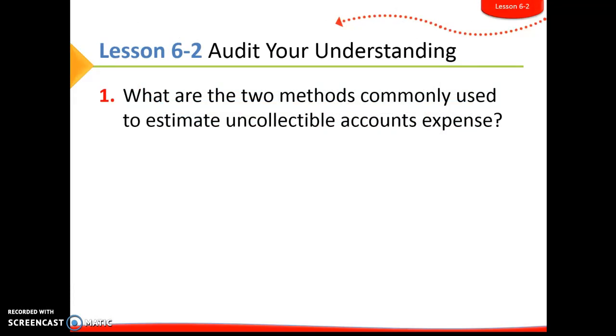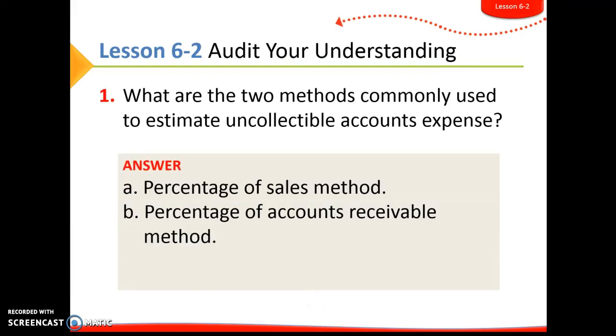Okay, question number 1. What are the 2 methods that are commonly used to estimate uncollectible accounts expense? The 2 methods are 1, percentage of sales method, and 2, percentage of accounts receivable method.